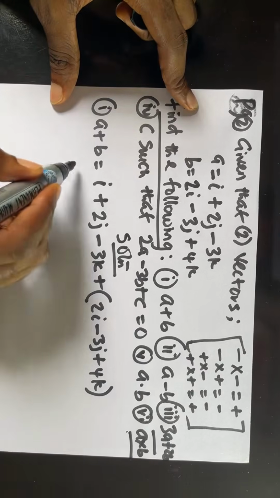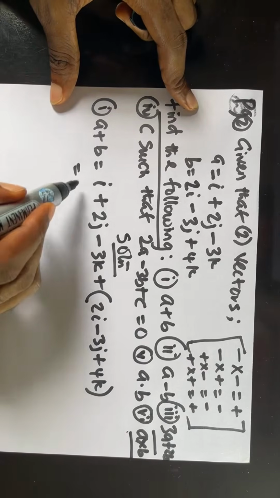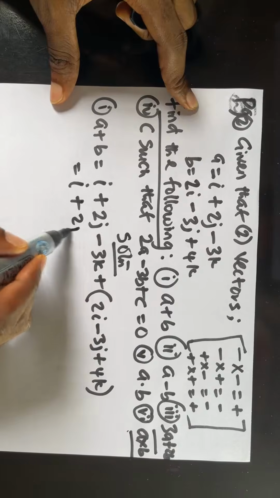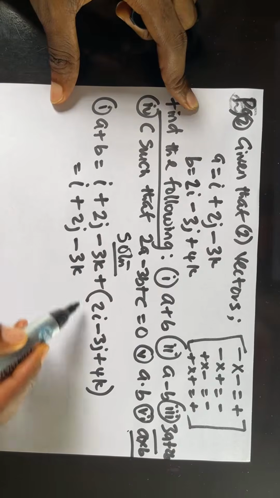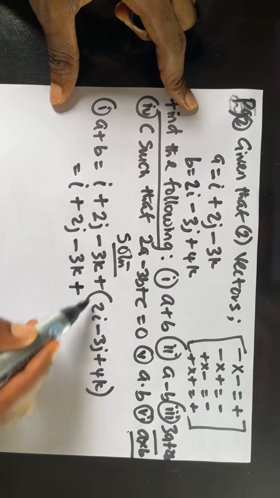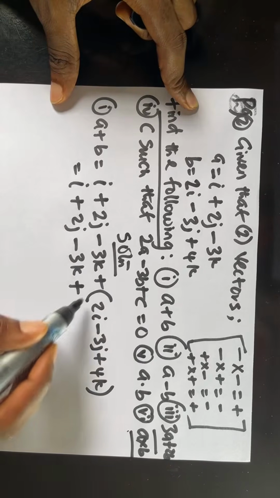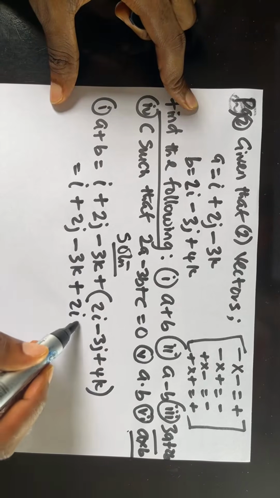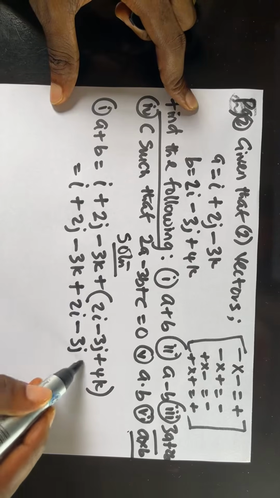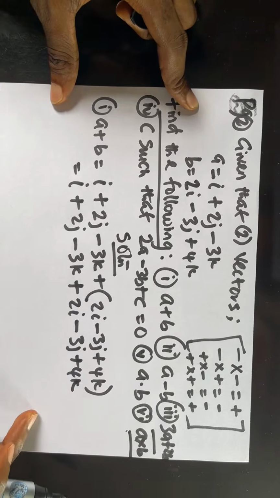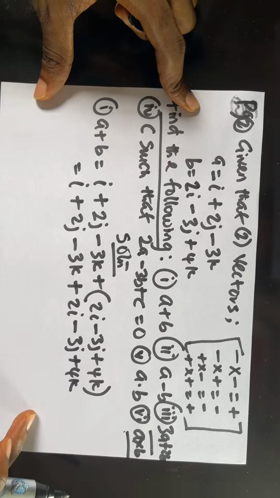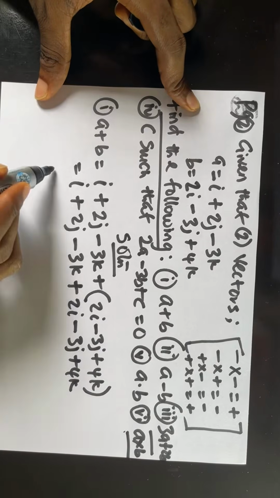That's the first method. So I'm going to open the bracket and I'll have I plus 2J minus 3K plus, if I multiply this by positive, I'll still have everything inside the bracket. So this will be 2I minus 3J plus 4K. Hope you understand that part. So let's move into this next part.